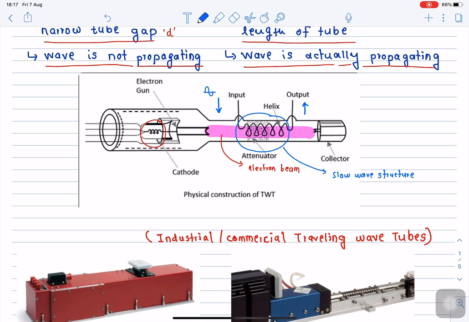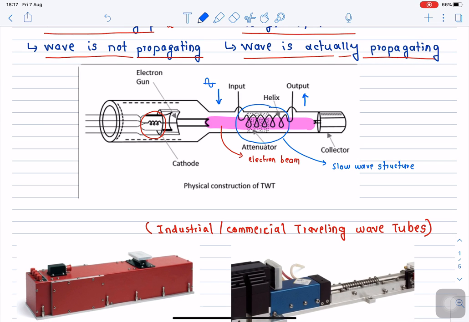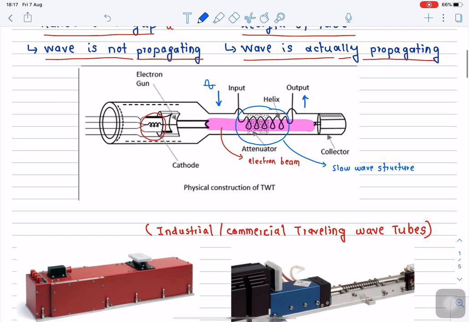So when the electrons travel over this slow wave structure, the velocity of these electrons in the electron beam will get modulated. Okay, and when the velocity of the electrons gets modulated, the electrons will transfer their energy to the input microwave signal. So the microwave signal which we want to amplify is given over here as an input.